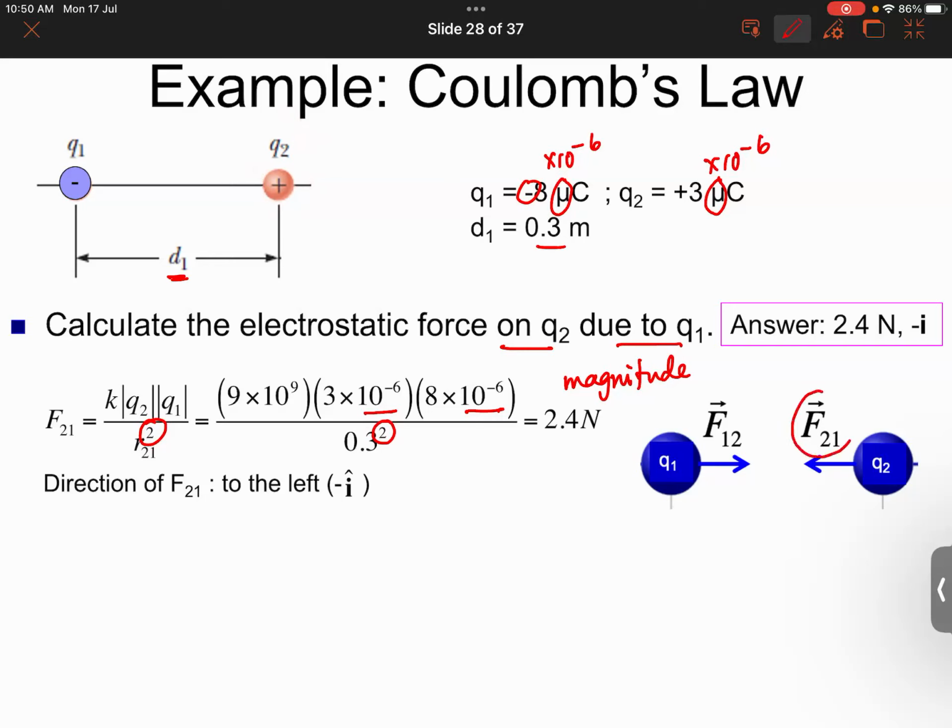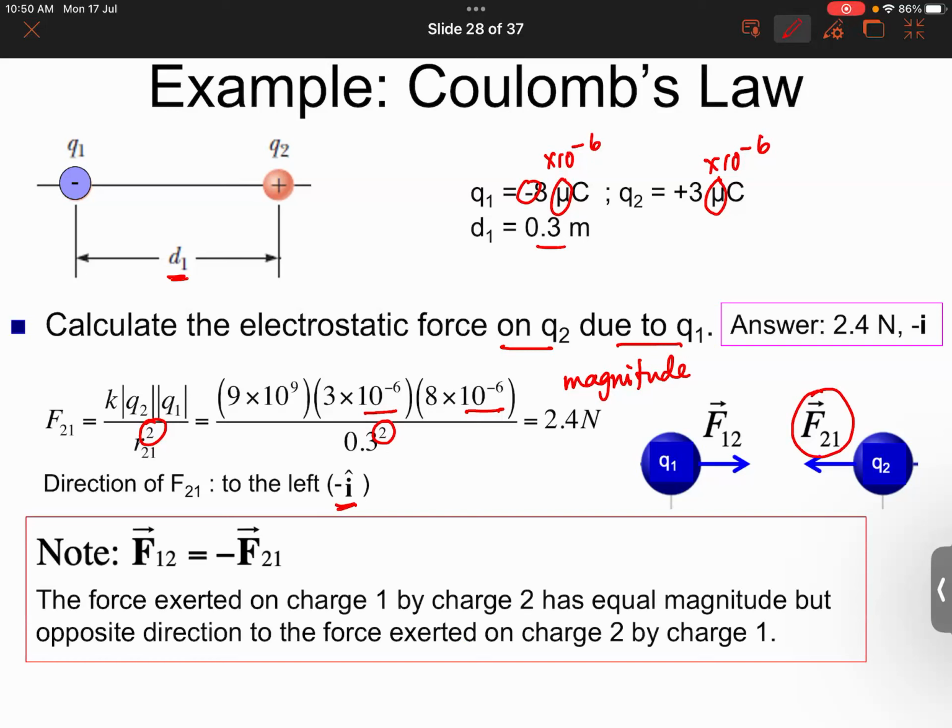It's this force that we are after. If you look there, the force is directed to the left, and therefore the direction is negative i hat, or to the left. Just recall our convention: positive x direction is positive i hat, positive y direction is positive j hat, positive z direction is k hat. So the direction here is negative i hat.